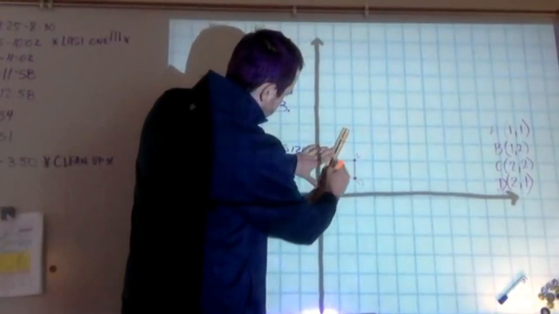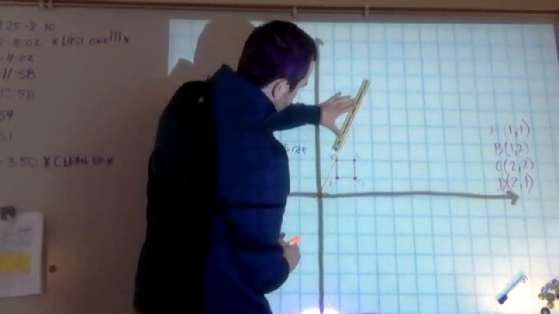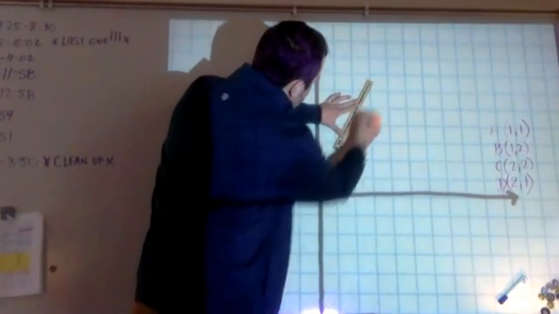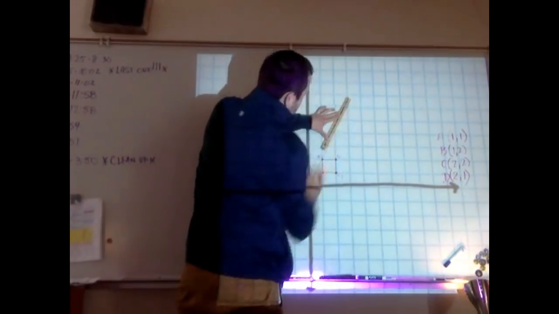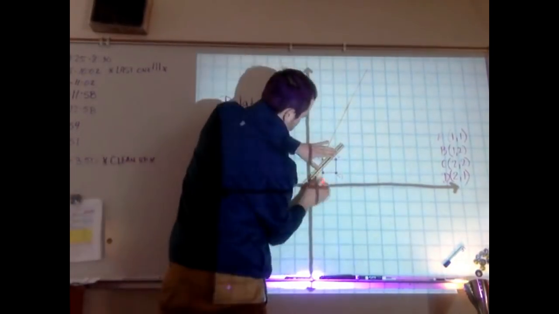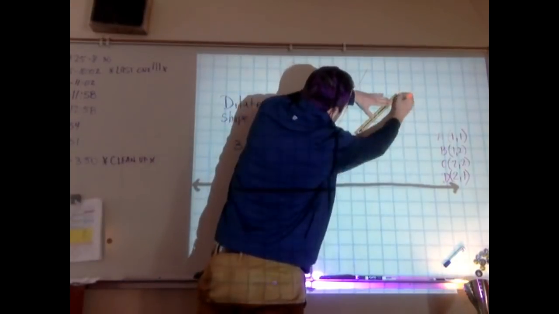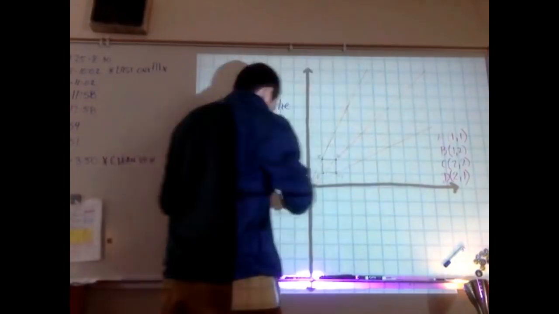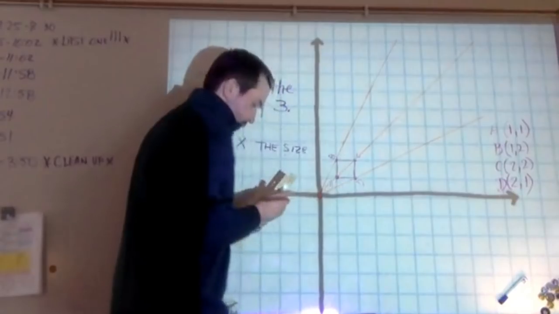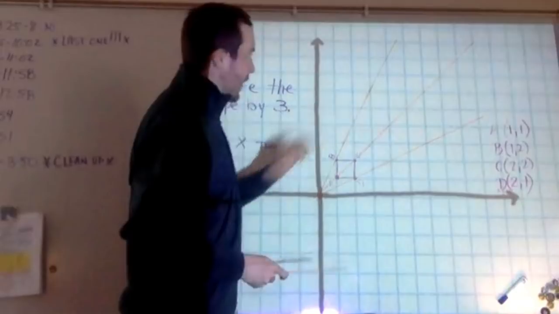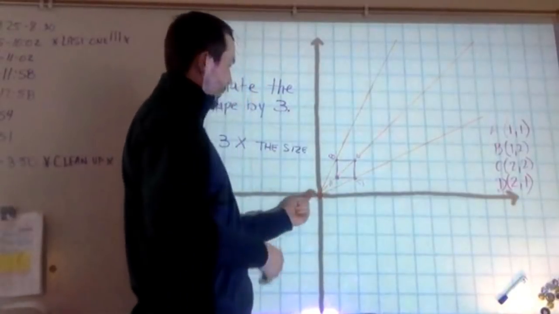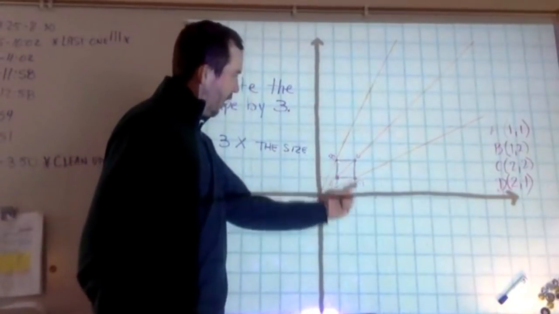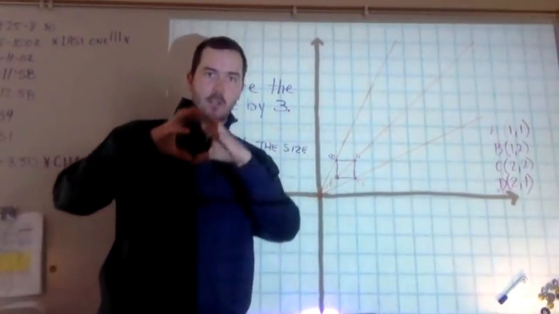Draw a line. Now on your paper, it's going to be easier to draw this line. Okay, so now I have my lines all lined up with the middle point and all of my other points that make up my shape.